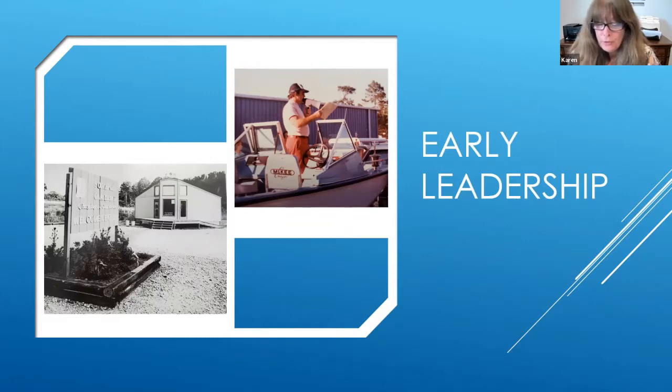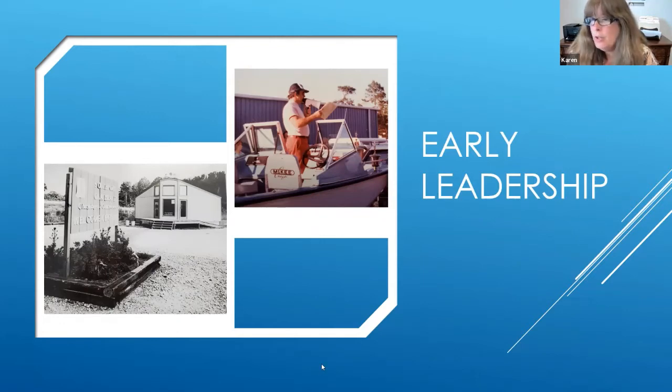We are the oldest Chamber of Commerce in Brunswick County, and this is a picture of our building. We've had a couple different locations. That particular building, I think, was either on the Live Oak Village Shopping Center property or on the 4801 property.